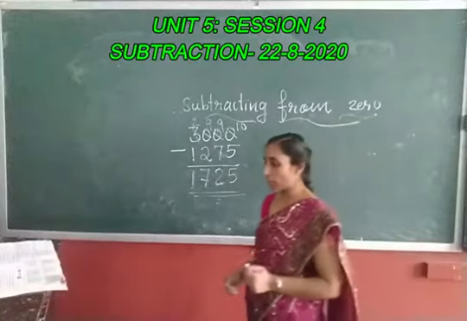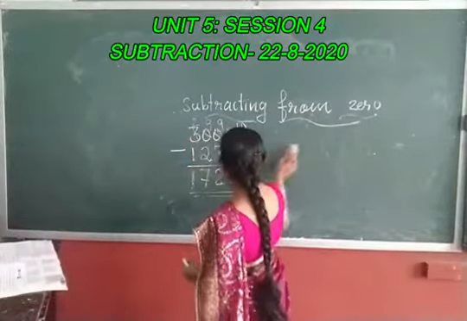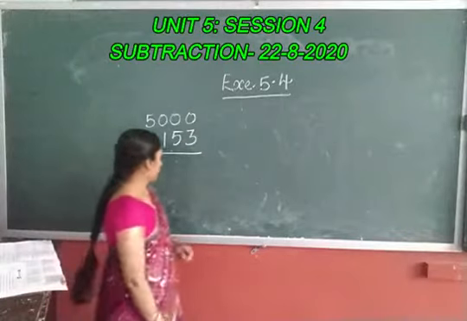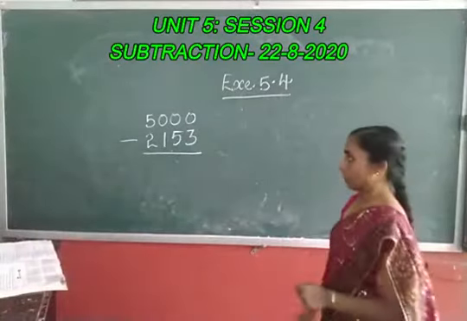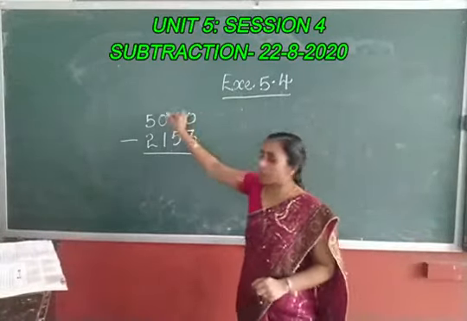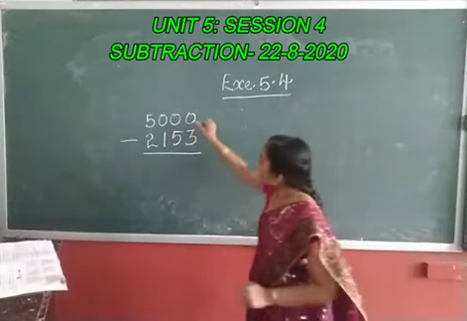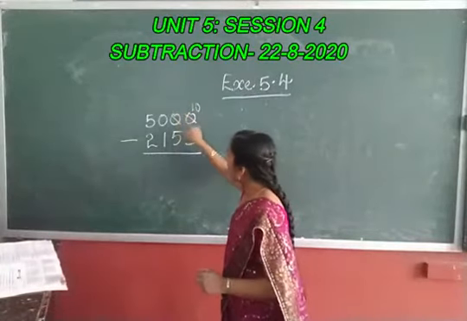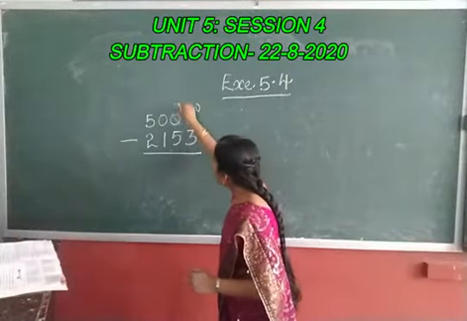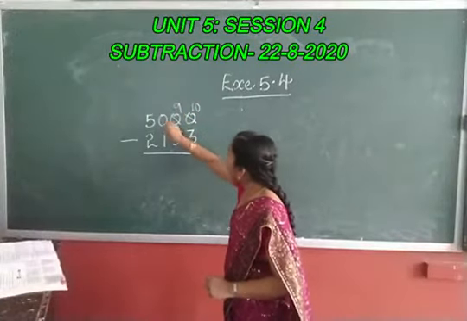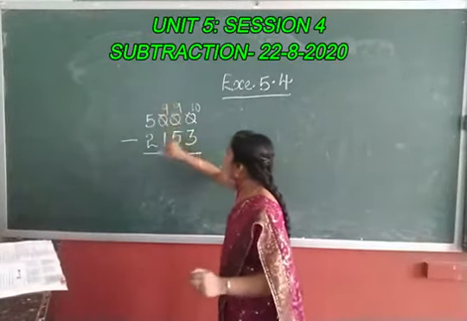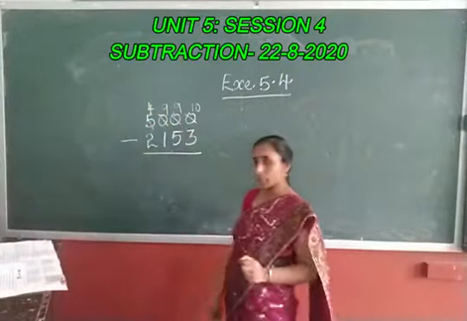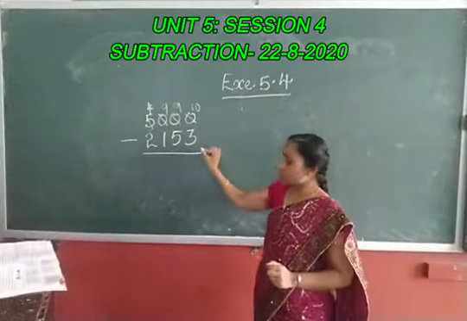Next one. Now let us start exercise 5.4. 5000 minus 2153. Here the 1's, 10's and 100's places are 0. So cancel it. Write 10 there. Here it is 9. Again from here we have borrowed to here. Here also 9. From here we have borrowed to here. Here it is 4. Then 10 minus 3.